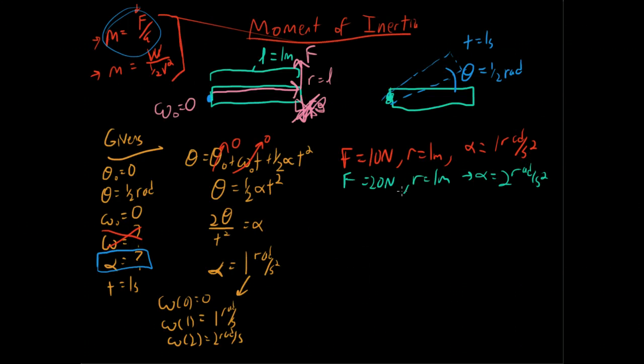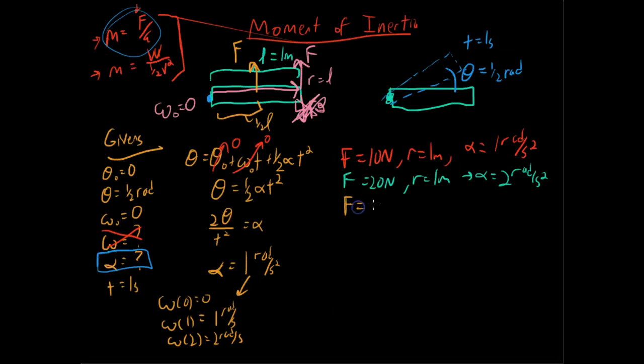Now there are other things that we could do here. I'm not going to do them quite yet. Let's say that we have, instead, we apply the force further in. Actually, we will kind of do that now. So if I apply the force here instead, same amount of force, but only at half of the radius.